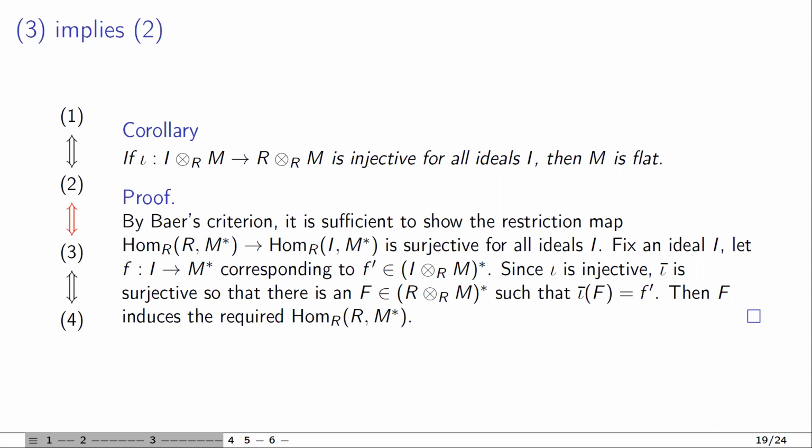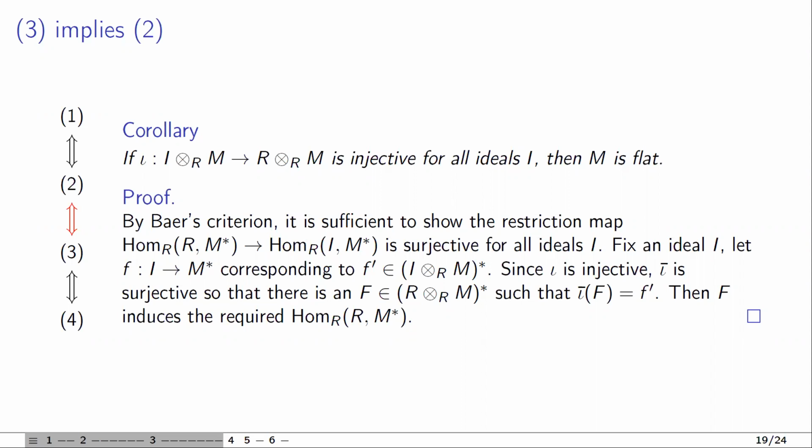So given an F prime, we can find a corresponding map from I to M star by adjunction. But since iota is injective, and taking character module is a contravariant functor which sends monomorphisms to epimorphisms, we know that iota bar is surjective.